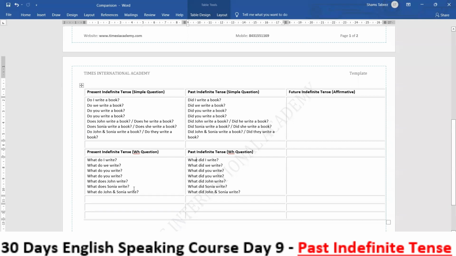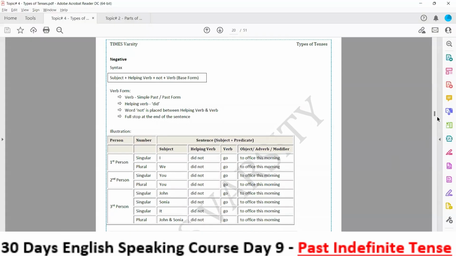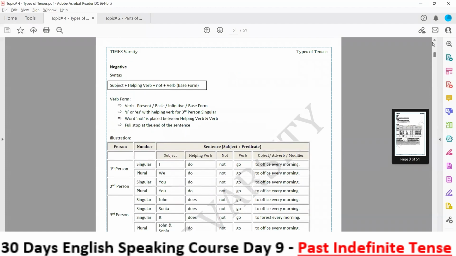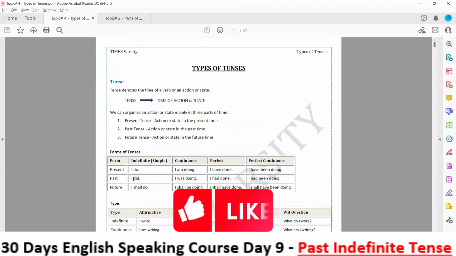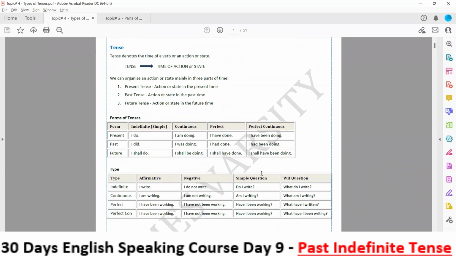Which form of helping verb, which form of verb we are using? Okay. So today we discussed past indefinite, and in past indefinite, affirmative, negative, simple question, and WH question we discussed. In next session, we will discuss past continuous.